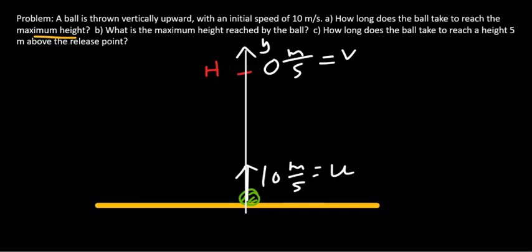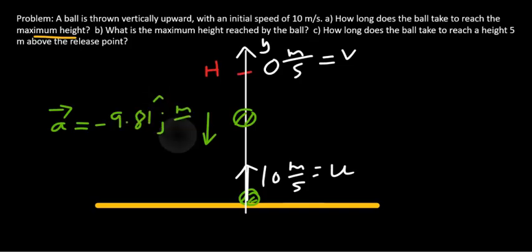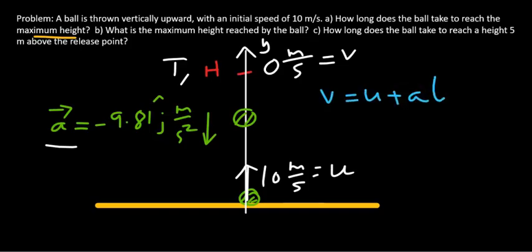One other thing that we know, as the ball goes up to the maximum height, the acceleration is downward, as we have discussed, whose value is given by minus 9.81 j hat meter per second squared. We want to determine the time it takes to get from the launching point to that maximum height. Since the acceleration is constant, kinematics apply. And obviously, the equation that we use is the first equation of kinematics, namely v equals u plus at.